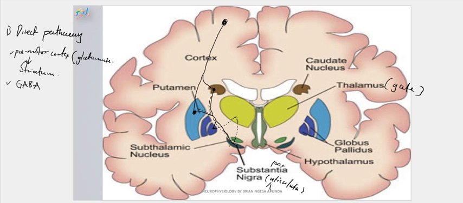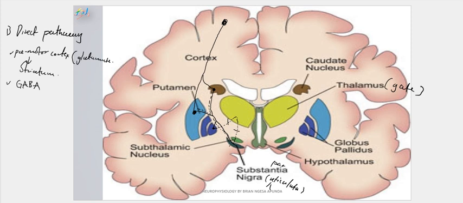So once the inhibitory signals are sent, it means that the globus pallidus internus will be inhibited, and this will be inhibited, and in turn they will not be able to send their signals. So remember, their ordinary signals are normally inhibitory by use of GABA.